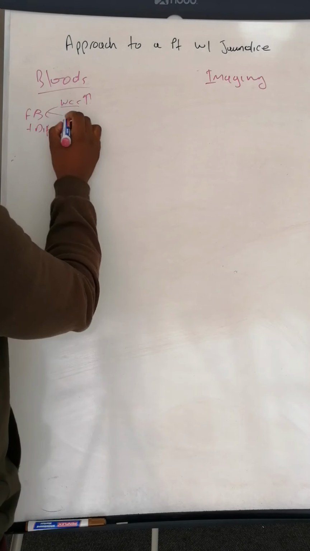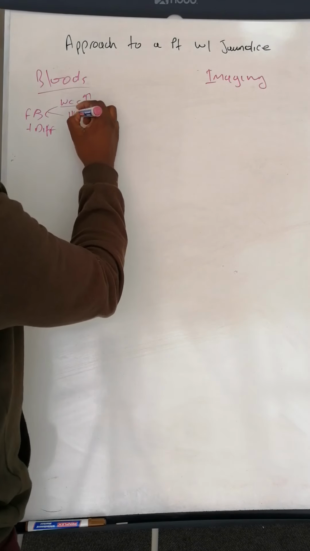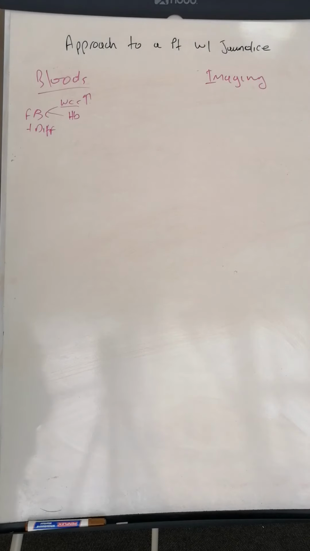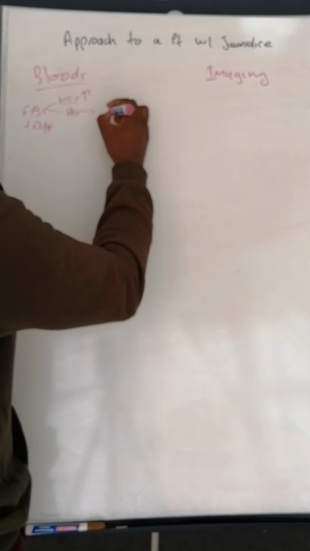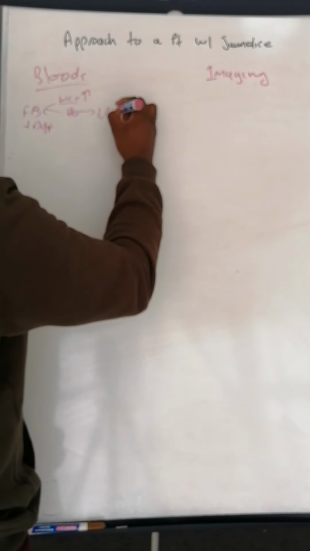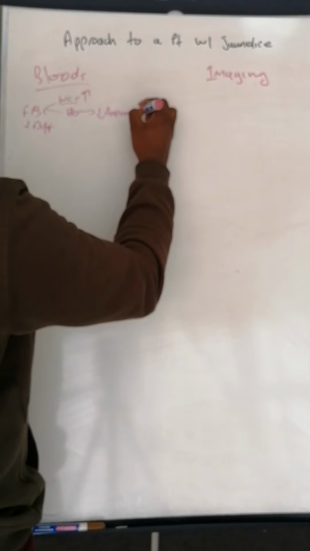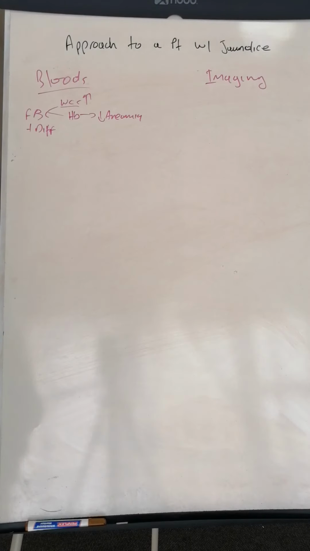So that's the white cell count. Then the next thing is the HB. When you have jaundice, you want to know, are they hemolyzing? Because if the red cells are being broken down, then you should have some kind of anemia.